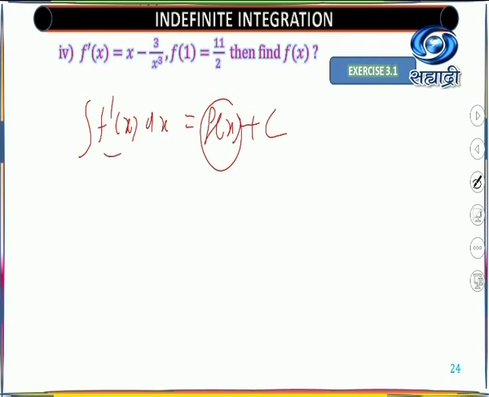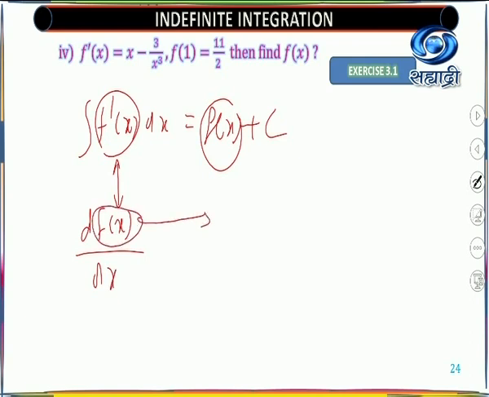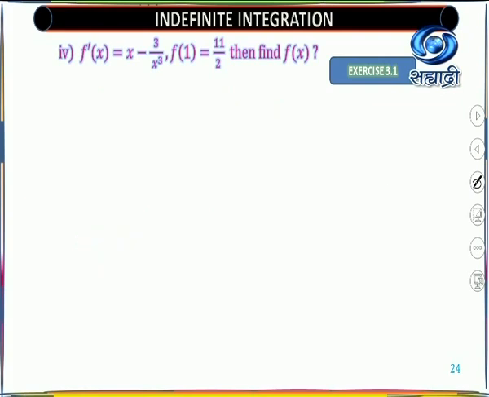So f dash x is the derivative of fx. So this gives you the integral value of the given function. That means you have to integrate. In simple language, whatever f dash x is given to you, you start integrating it. Okay, so we'll start with that.